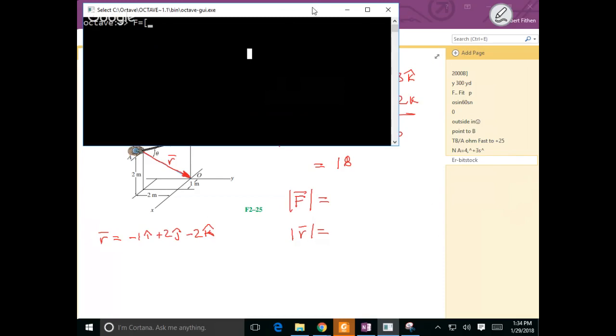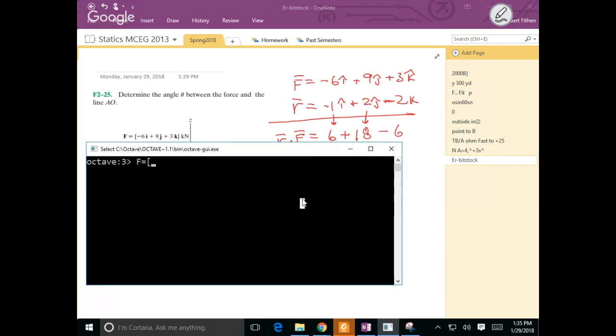Okay, so F is nothing more than -6, 9, and 3. There it is. So R is -1, 2, -2.